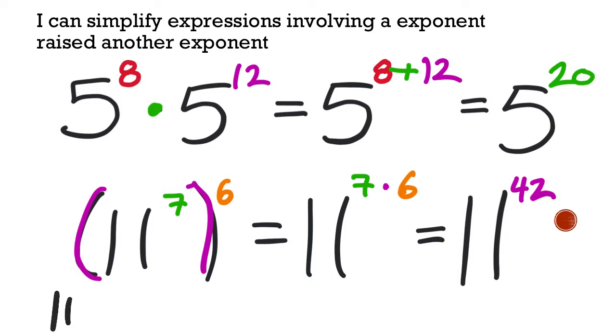Okay, so you'd have 11 to the power of 7 like this, and that's good. But then we're going to take that 11 to the power of 7 six different times.